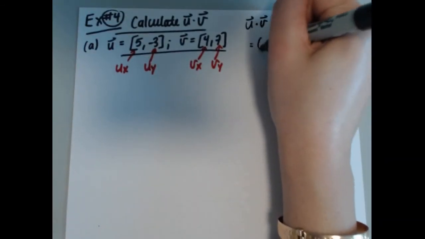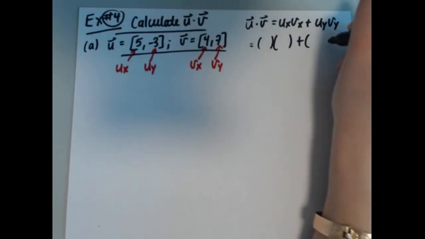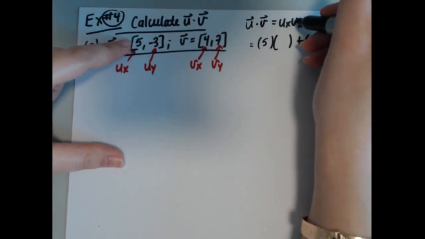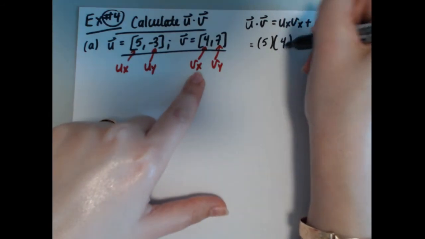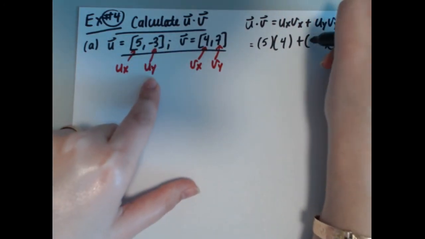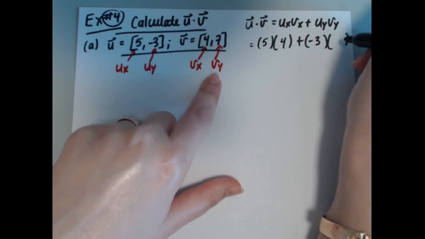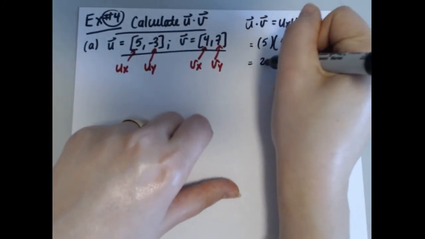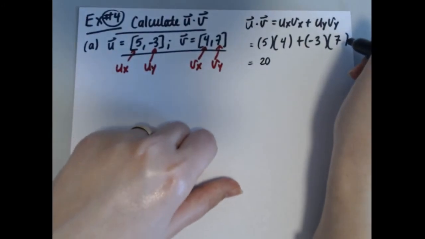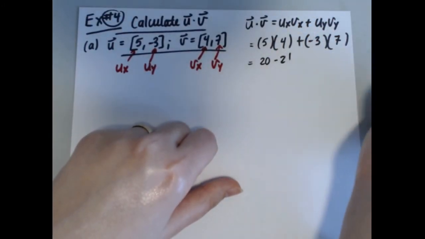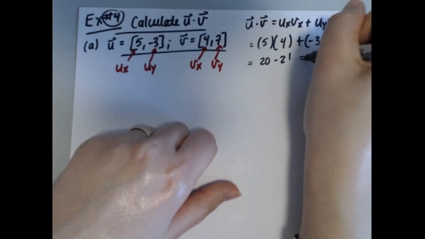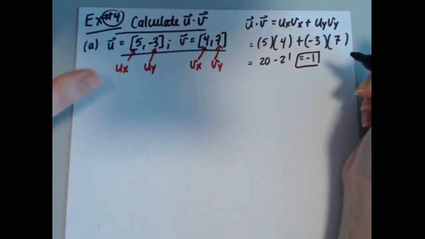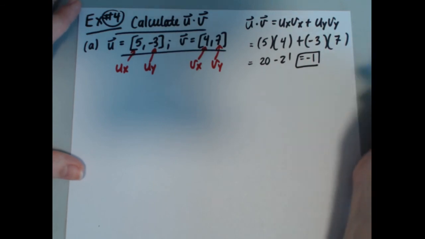So I just have to multiply those numbers and keep everything straight. So ux is 5, vx is 4, uy is negative 3, and vy is 7. So 5 times 4 is 20. 7 times negative 3 is minus 21. So 20 minus 21, that's negative 1. Okay, so that's A.